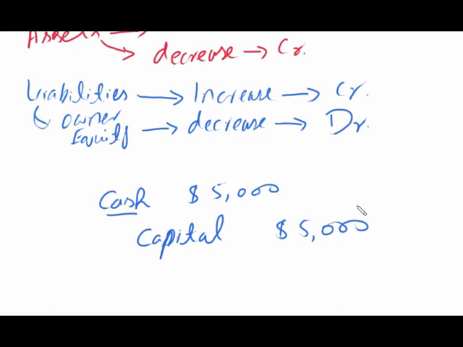In this entry, the owner invests $5,000 in business. Increase in cash, an increase in asset, is debited, and the other account is capital. Increase in capital is also part of the equity account, so it will be credited.